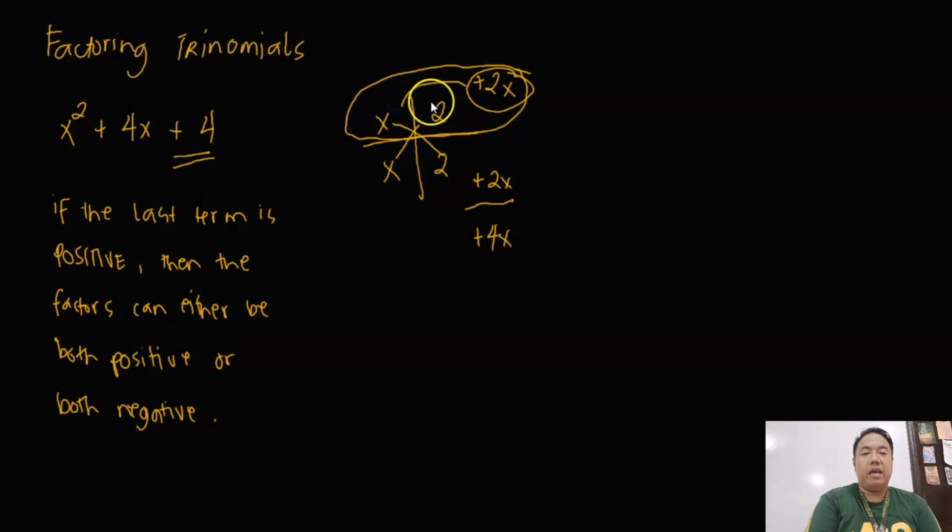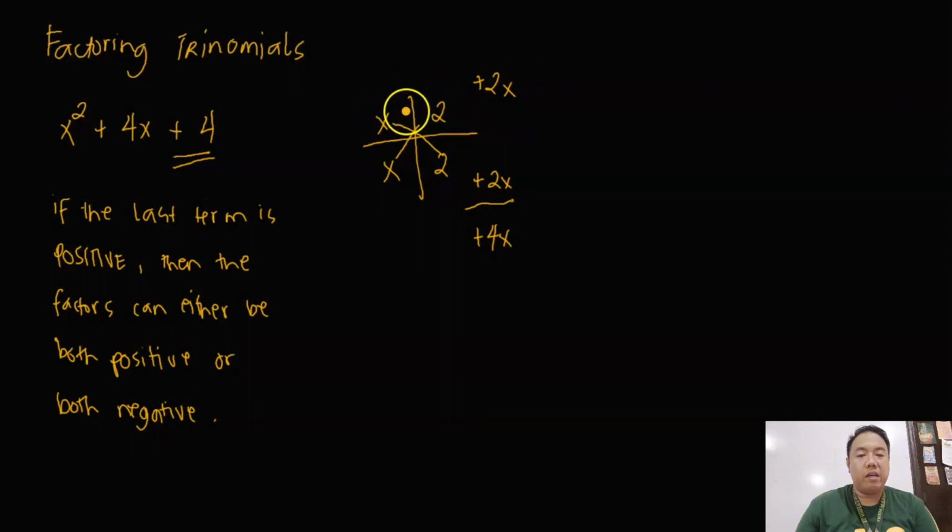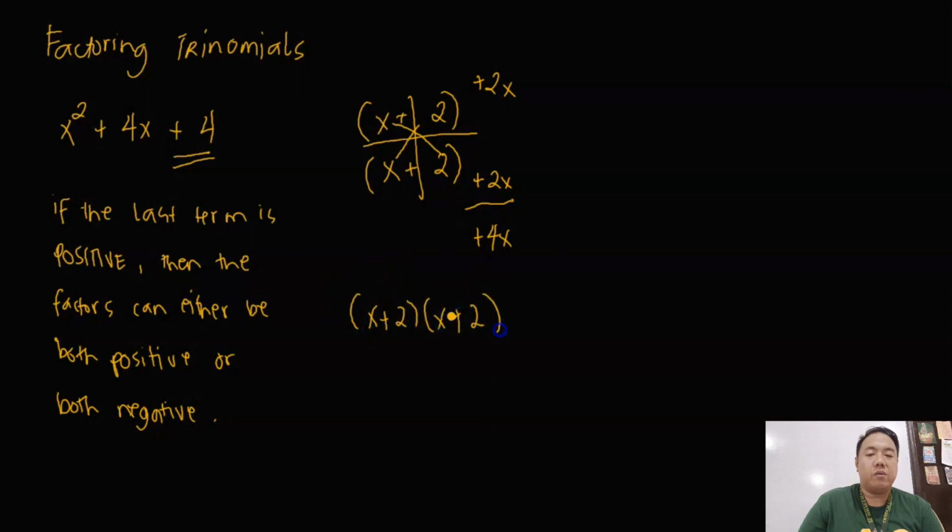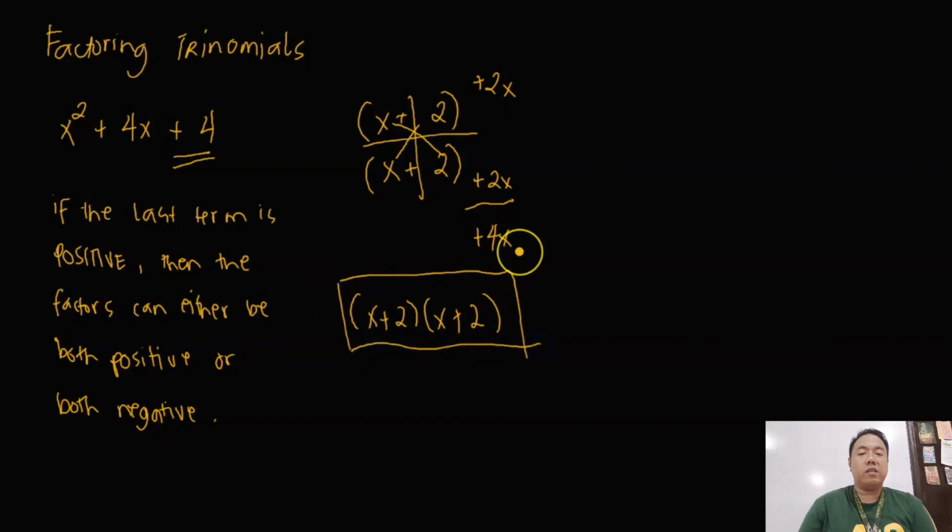So, ang susulat po natin for this part is plus, and this one is also another plus. Ito yung isang pair, ito yung another pair. So, the final answer will be the quantity of x plus 2 times the quantity of x plus 2. Ito po yung factors ng x squared plus 4x plus 4.